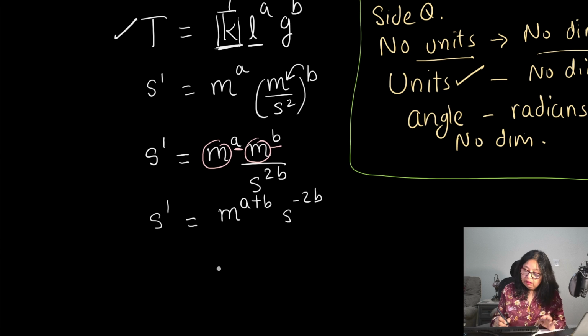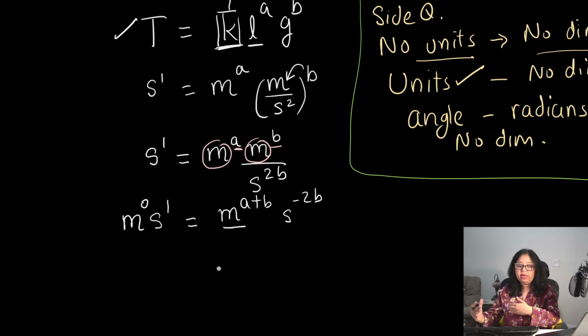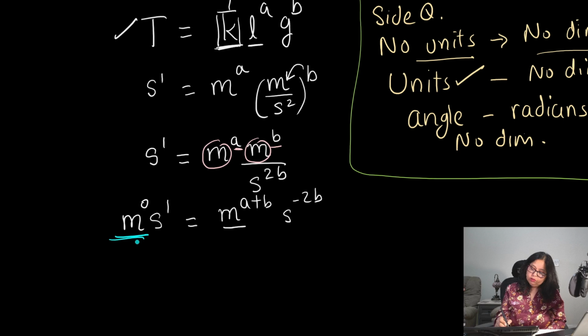We're going to equate the factors with the same base on each side. So on the left side, let's write meter to the power 0, because I have meter to the power something on the right hand side. Just so I could equate that factor with something, I'm writing meter to the power 0 on the left hand side. So that gives me now meter to the power 0 equals meter to the power a plus b.